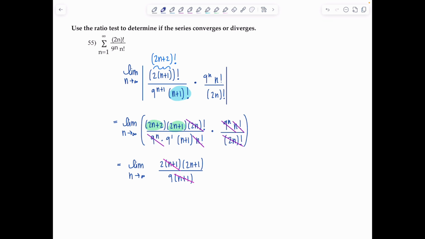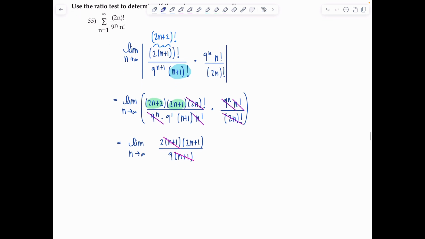That was a bonus. Extra fun. So then limit n goes to infinity, 2n plus 1, oh, times another 2. You know what? Let's just distribute it through. 2 times 2n plus 1, I'll just write 4n plus 2 over 9. n is going to infinity, so the numerator is going to infinity.